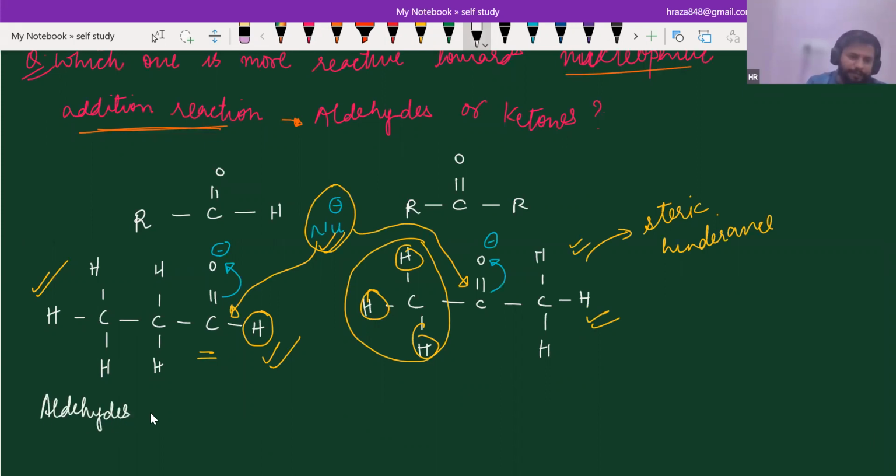Aldehydes are more reactive than ketones.